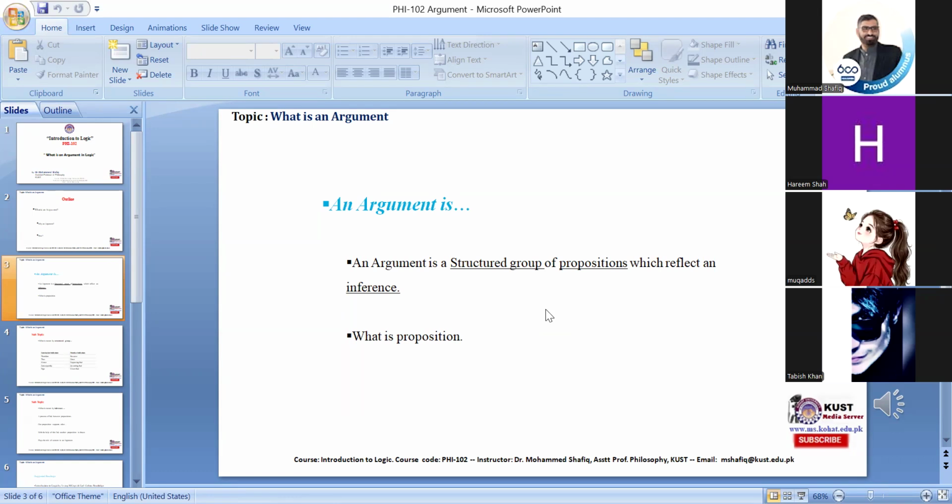So the subject is Mr. X and the predicate is tall. The comparing of two classes, when we pass a judgment, is called a proposition. So the building block of an argument is the proposition. Without propositions, we cannot construct an argument.